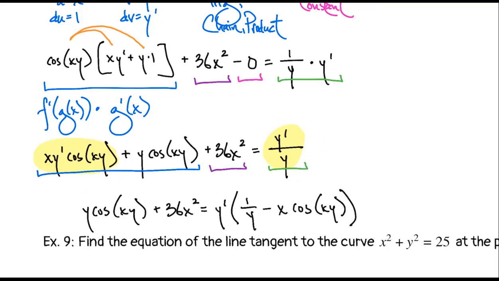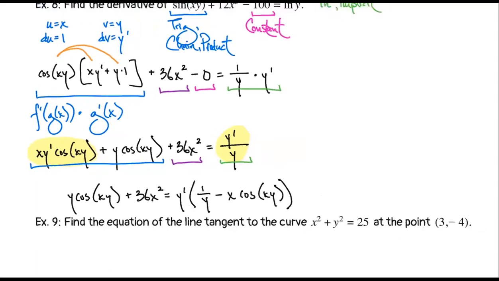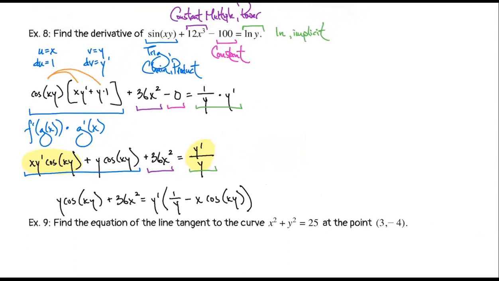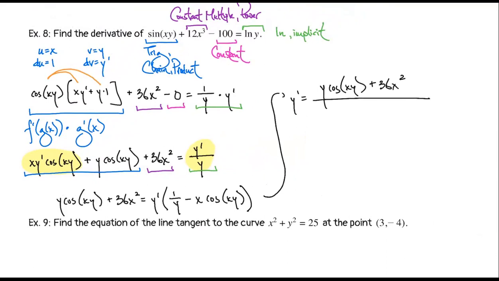All right, so I moved all the y primes to the same side and I factored in the same step. Now, all I have to do is divide by the chunk in the parentheses, and I'll get y cosine of xy plus 36x squared over 1 over y minus x cosine of xy.